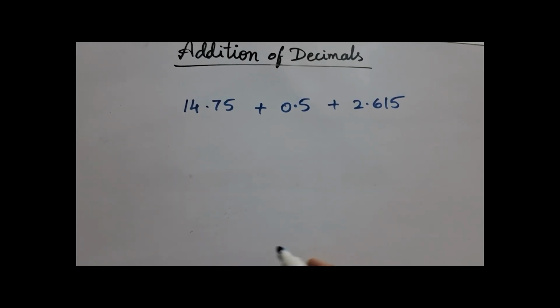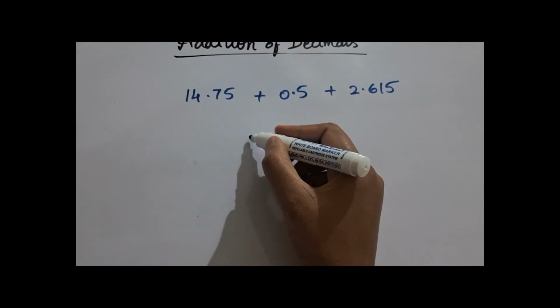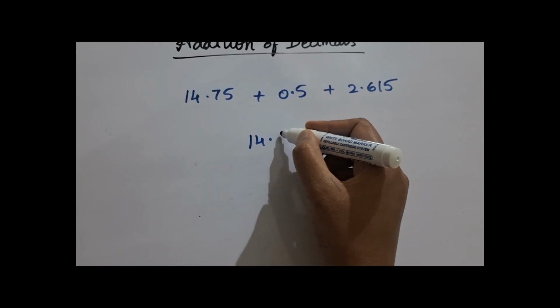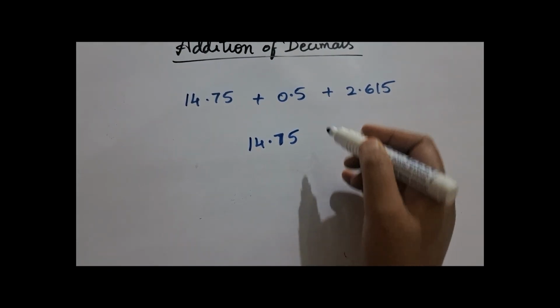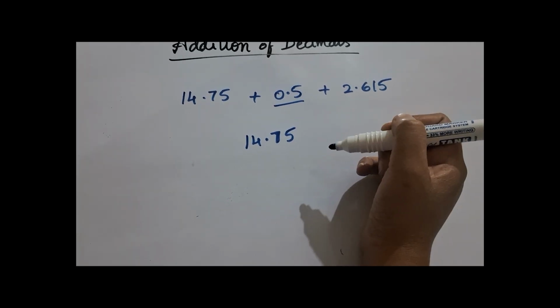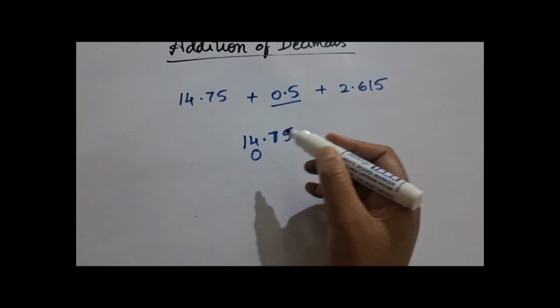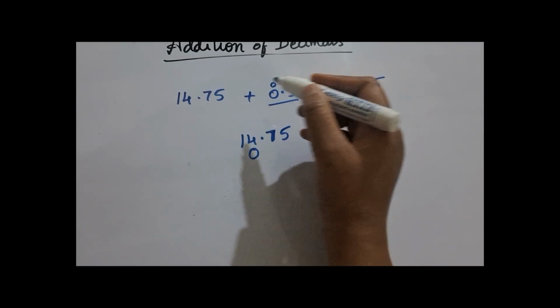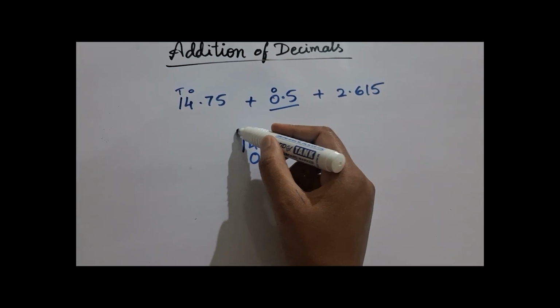Let's take another example, children. So here 14.75, and next is 0.5. So you need to write 0 here because this is the ones place, ones place, tens place, ones place, tens place.